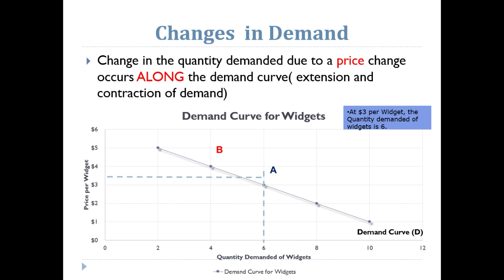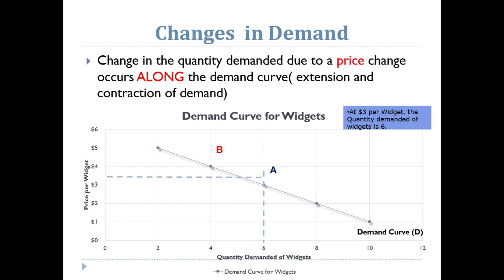That is a movement from point A to B. So what is happening there? The price increased in the market from $3 to $4, right? So B means what is the price? It is $4. As a result, the quantity demanded reduced to what? 4 from 6, right? So that is known as what? Contraction of demand.